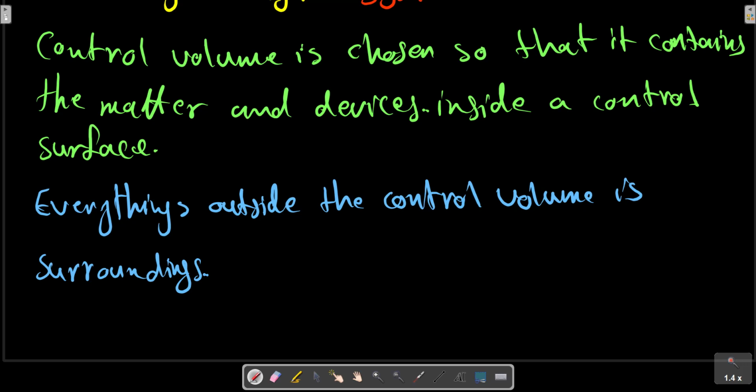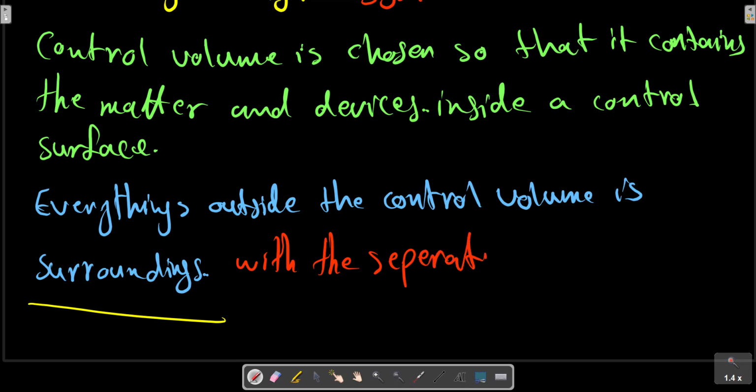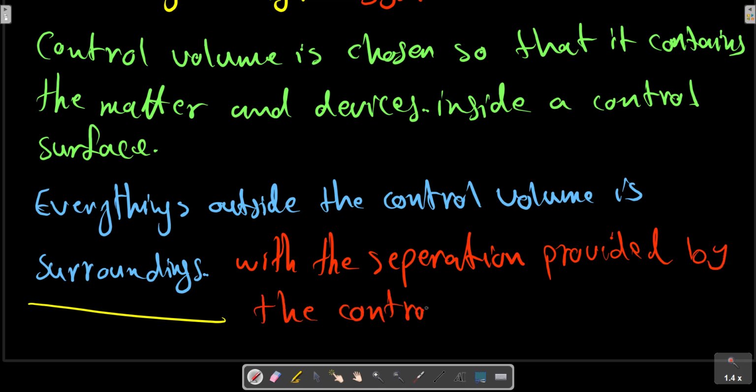So we have a definition also with the separation provided by the control surface.